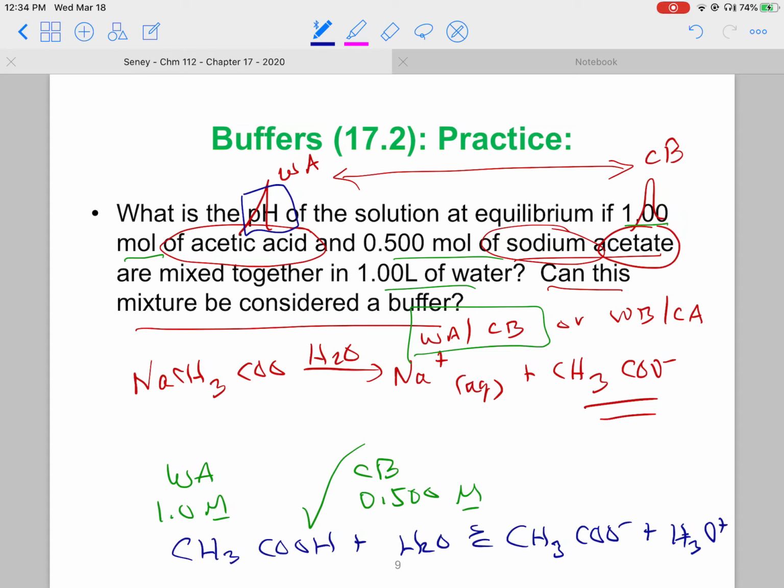But because we know that this is a buffer, you can also go straight to the Henderson-Hasselbalch equation. And that was given on your tool shed sheet, so make sure you look for that. So ICE or Henderson-Hasselbalch equation. Now I vote for Henderson-Hasselbalch because it's a lot shorter to use. And that is how you identify a buffer.